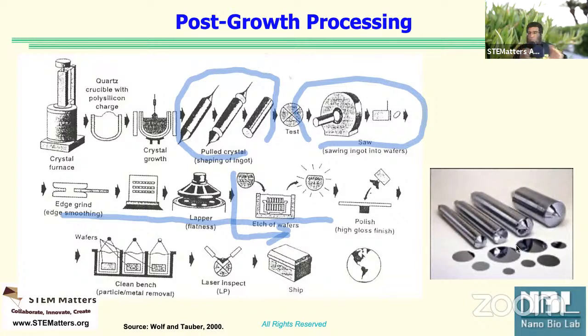Now let me see if my background is messing up my video. So you can see silicon. Oh, this is not shiny. And in the lab, we don't touch them with bare hands because they have a bunch of chemicals on them. But here are some more.